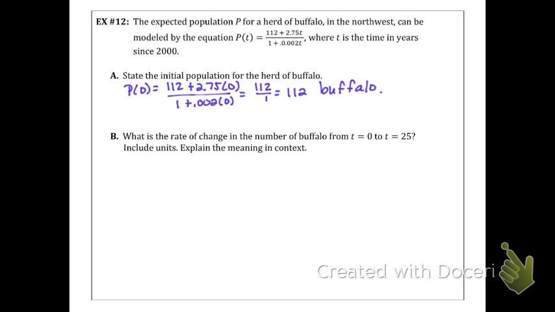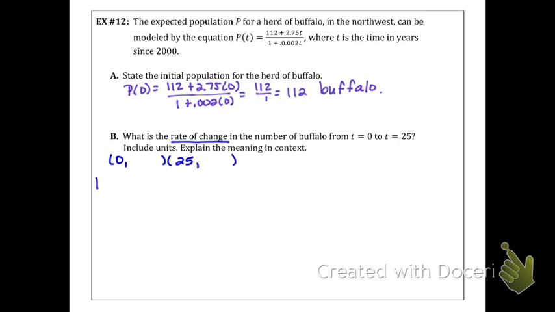All right, B says, what is the rate of change in the number of buffalo from T equals 0 to T equals 25? Include units, explain the meaning and context. Well, so we want the rate of change, which remember is just your slope. So we've got two ordered pairs here. So we got 0, comma, we don't know, and 25, comma, we don't know.